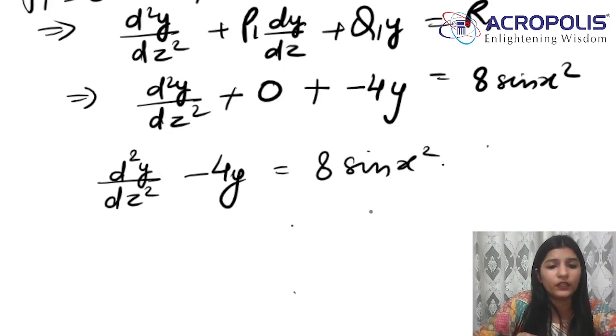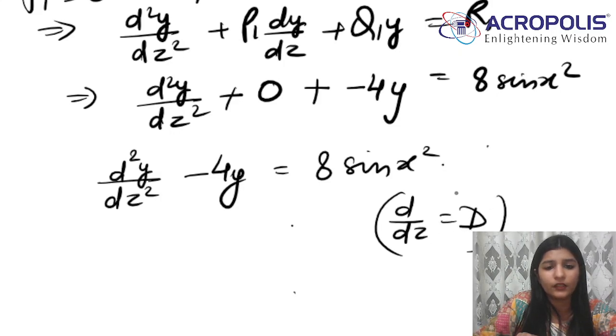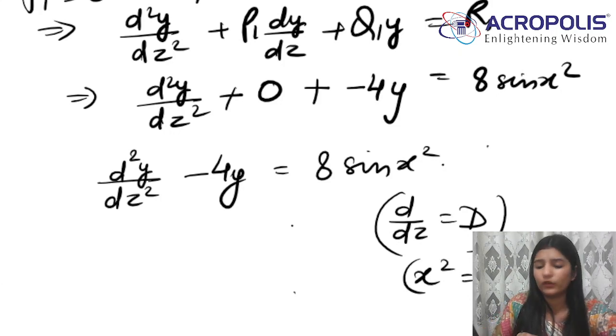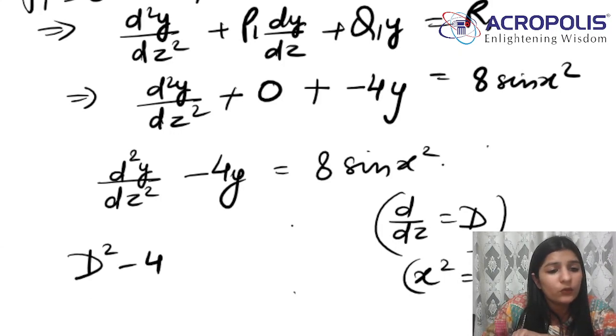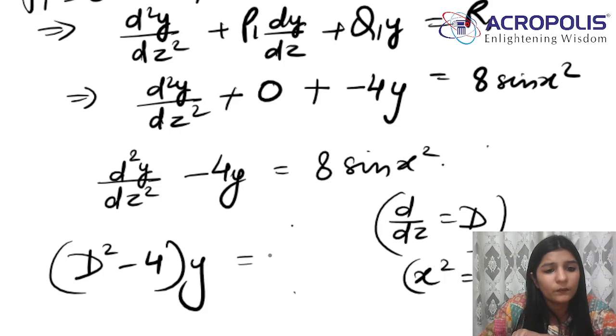Now we can write d by dz as capital D and we can write x square as 2z, as we have already found the value of z as x square by 2. So D square minus 4 y equals 8 sine 2z.